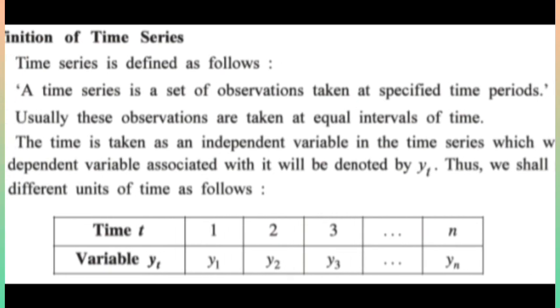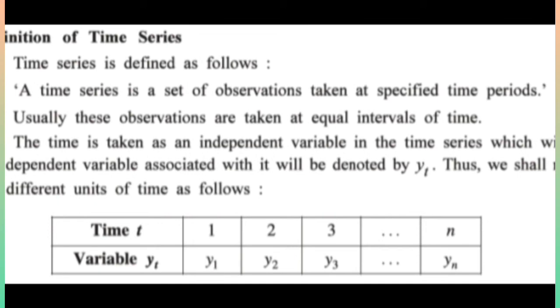This definition you can show with an example and with the table put up below. You would find the time and the variable yt. Time is an independent variable, where all the time periods are given in chronological order. It is written as 1, 2, 3, and it goes till n number of time periods.